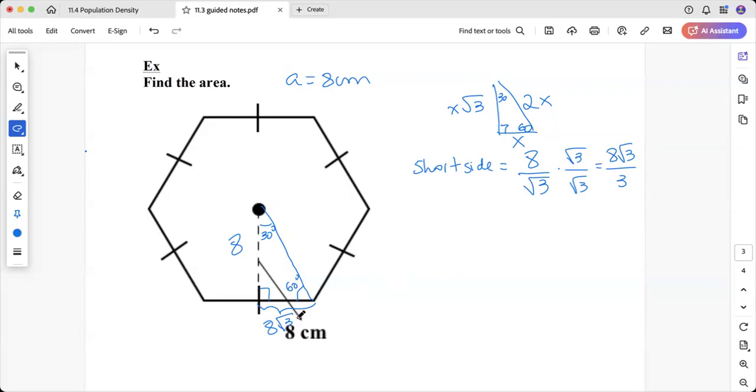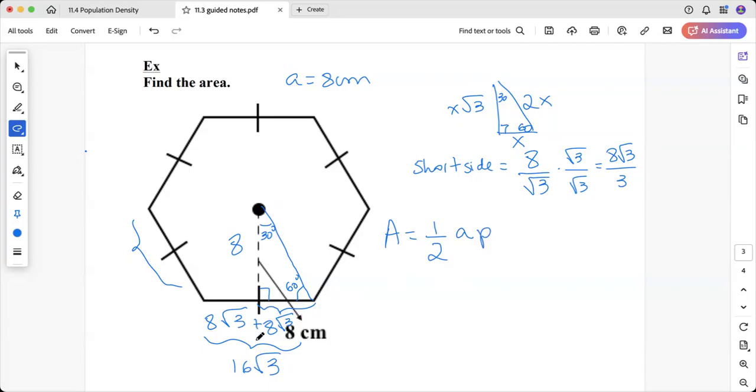Now, the reason why I'm doing this is because I need to know the side length in order to use the formula. So now I have this part, and the whole side is just going to be another one. When I add these two together, I get 16 square root of 3. So area equals half, apothem times the perimeter.